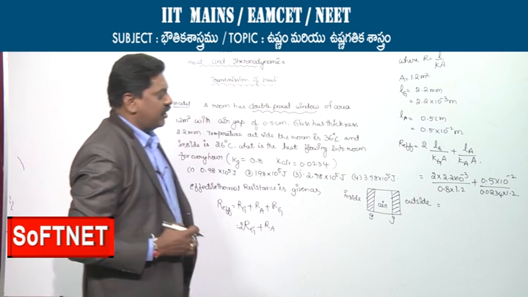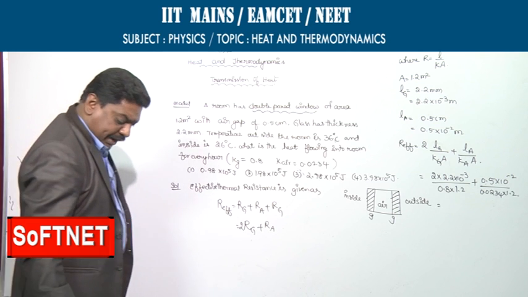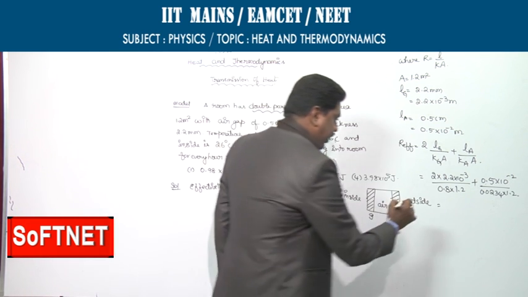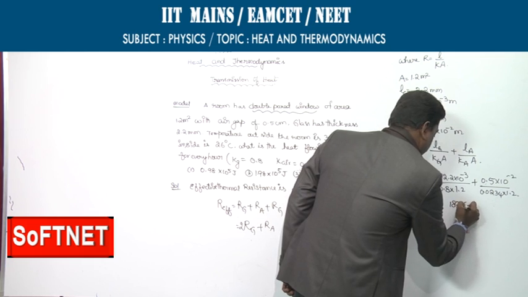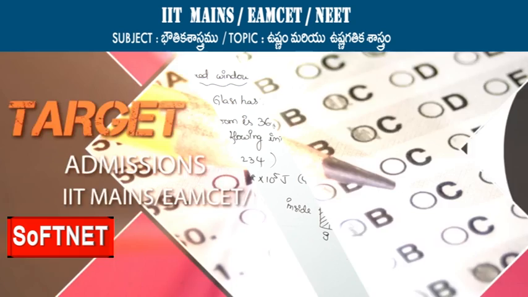On simplifying, R effective we get as 182.6 into 10 power minus 3.